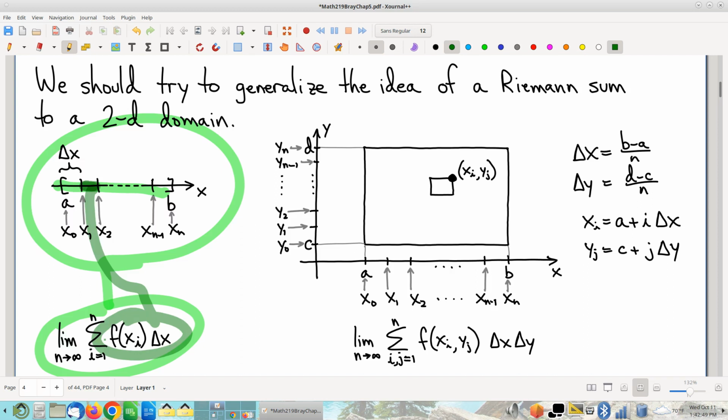Now, of course, this assumes that the question actually does have this feature, that on a subinterval I can write it as being some function times the size, delta x, of that subinterval. Not all questions have this property.